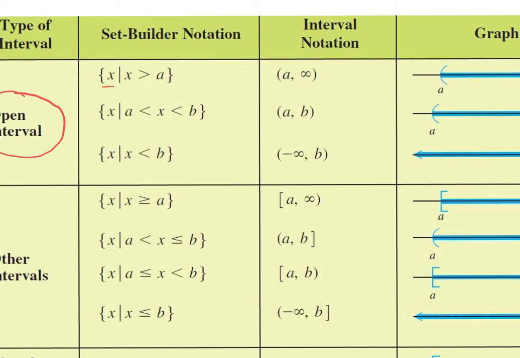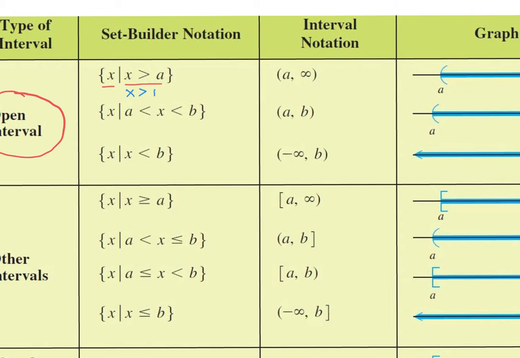The bar means such that our x values are greater than a. And in this case, a is just any real number. So for example, I could say that x is greater than 1. So that would be our set builder notation.